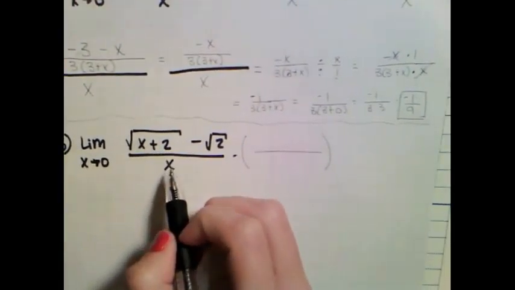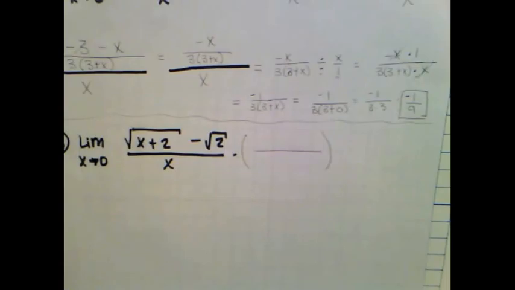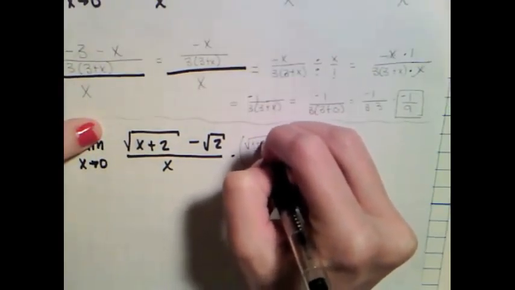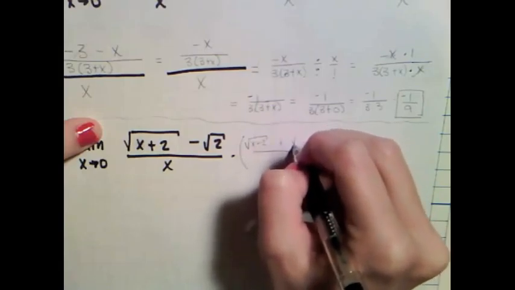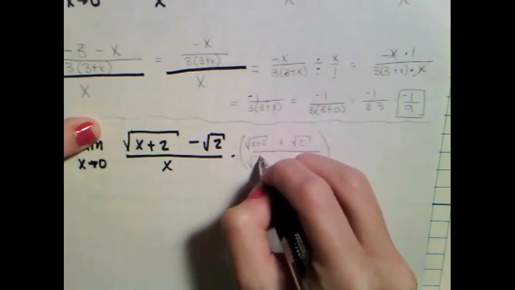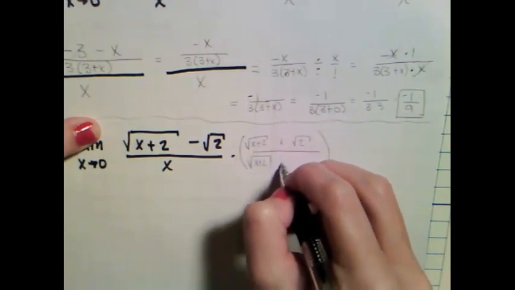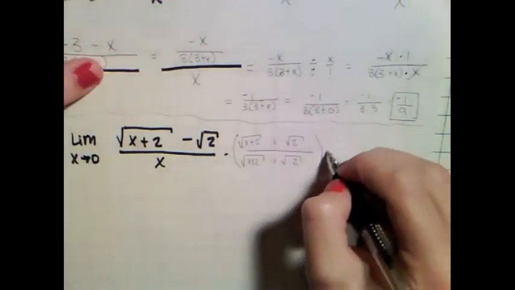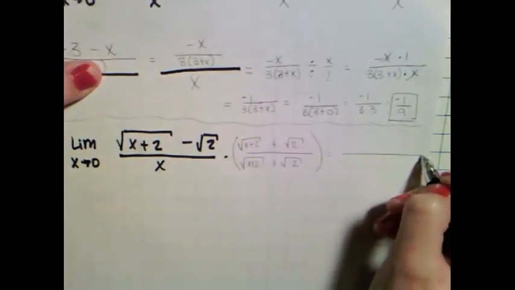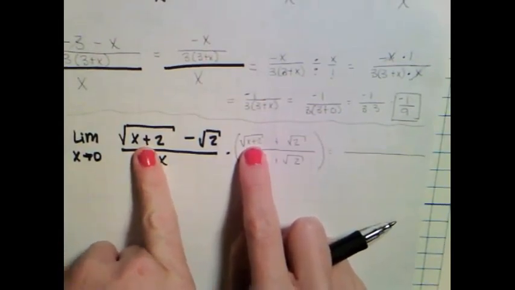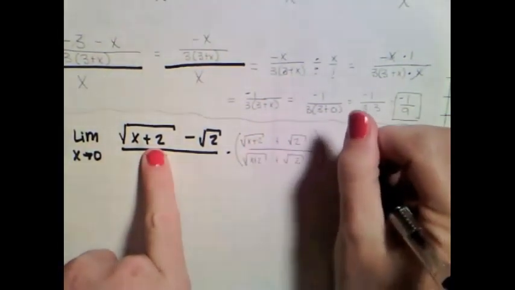I know you guys are going to be tired of hearing that after a while. Multiply by the conjugate, which is x plus 2 plus square root of 2 over x plus 2 plus square root of 2. And then that simplifies. My first terms in my numerator are just going to be x plus 2.